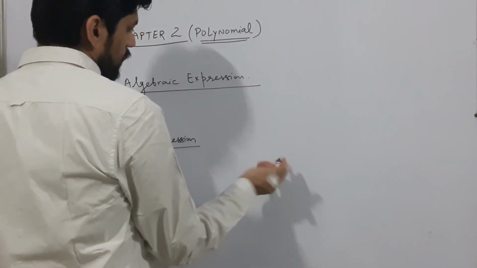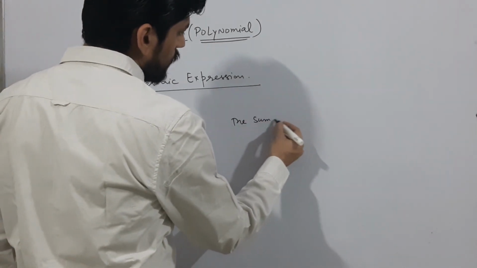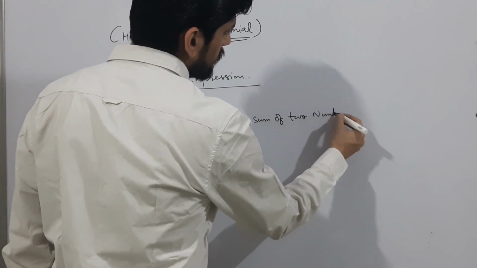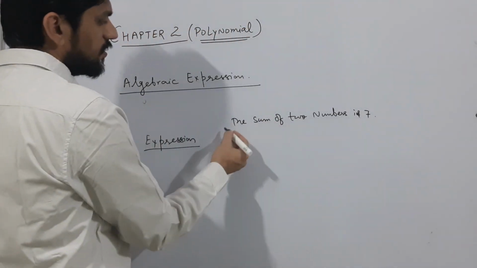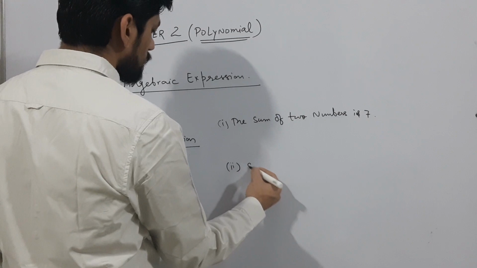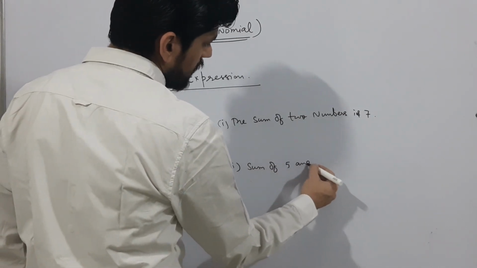Suppose we have: the sum of two numbers is 7. This is one statement. Second, sum of 5 and 4.